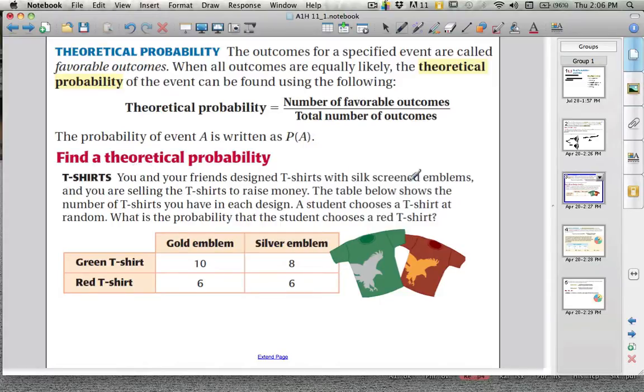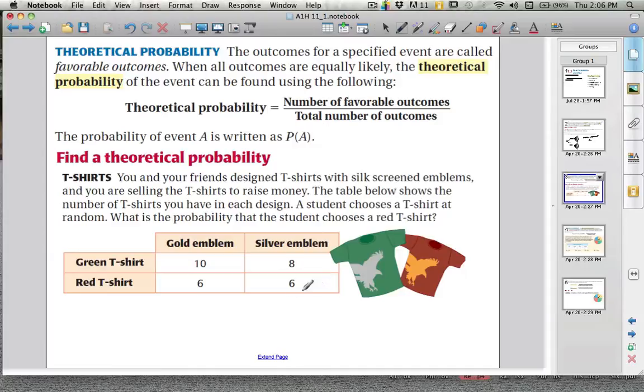So if my friends and I have designed some t-shirts with certain silkscreen emblems and we're selling our t-shirts to raise money, we have this table below here, and you see that we've got green t-shirts and red t-shirts, and then on those t-shirts we put silver and gold emblems. So there are 4 different possible outcomes. I could have a green t-shirt with a gold emblem, green with silver, red with gold, red with silver. So if a student chooses a t-shirt at random, what's the probability that they choose a red t-shirt?